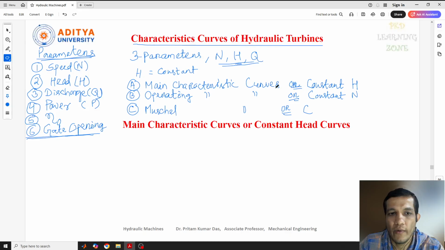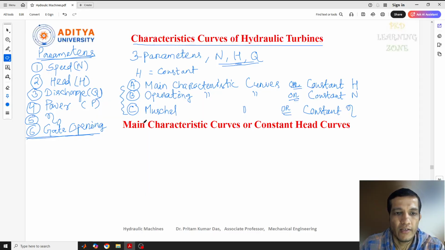Discharge will be one of the parameters in these curves. So in Michel's curve we consider constant efficiency. H and N are taken. Sometimes we think about Q also at this point, but don't consider that one. Q will be a parameter in this, with H and N.